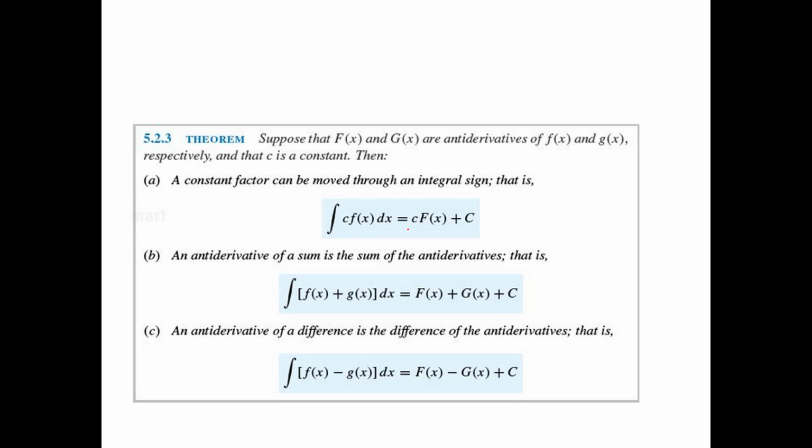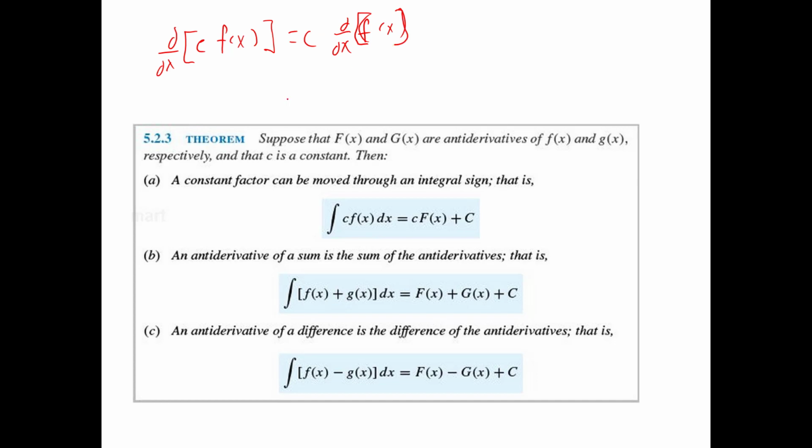Now, we went over that if you're taking the derivative of a constant times a function, then you can just take the derivative of the function and then multiply times the constant.